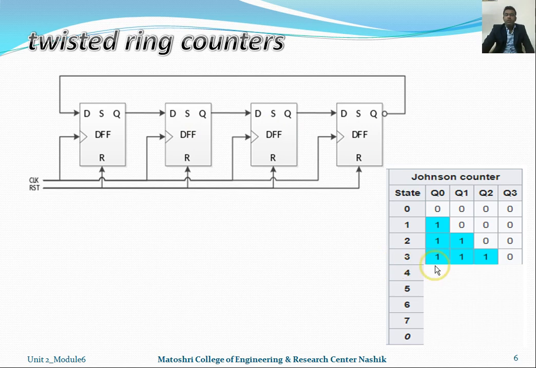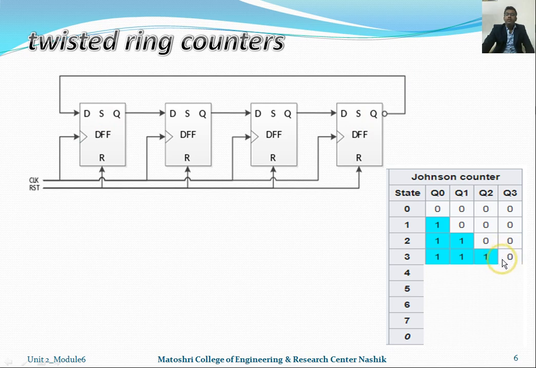For the next clock pulse, the stored value of the second flip-flop is shifted to the third one. The value 1 stored in the first flip-flop is shifted to the second, and the complemented output 1 from the last flip-flop is stored in the first flip-flop.